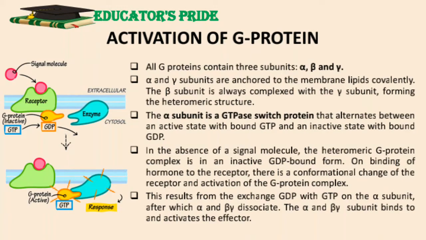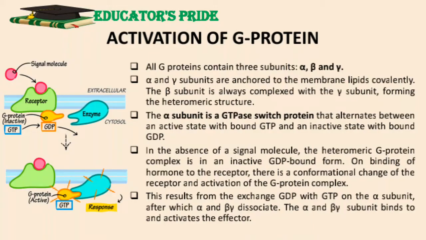state with bound GDP. In the absence of signal molecule, the heterotrimeric G protein complex is in an inactive GDP bound form. On the binding of hormone to the receptor, there is a conformational change of the receptor and activation of the G protein complex. This results from the exchange of GDP with GTP on the alpha subunit, after which alpha and beta gamma dissociate.